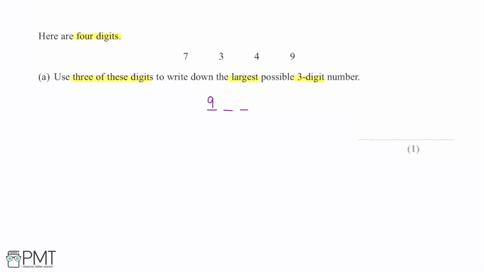Now moving on, the same sort of principles apply, and I can then take the largest number left out of these 3 numbers that I have left over, so the 7. So if I'm putting this into the tens column here, 70 is going to be greater than 30 and 40, so that leaves me with a 7 in the tens column. And then finally, out of the 3 and 4, 4 is going to be larger, so 974 is going to be greater than 973. So my final answer here is going to be 974.